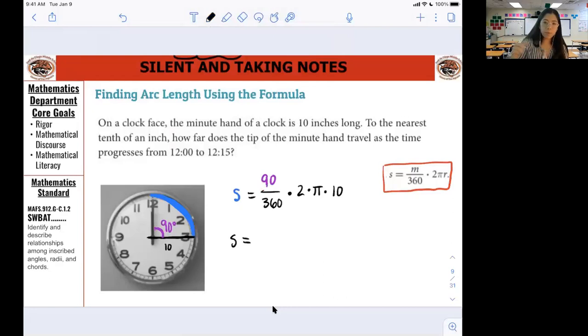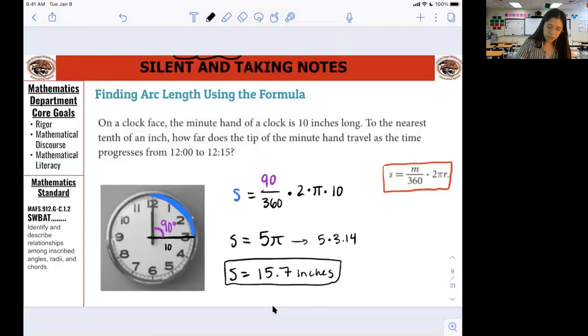Before you got that answer, what did you get when it was in terms of pi? Five pi. Good. And then once you actually multiply, 5 times 3.14, that's how you got 15.7 inches.